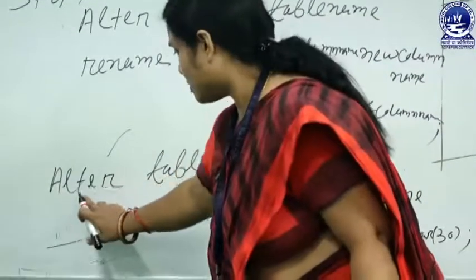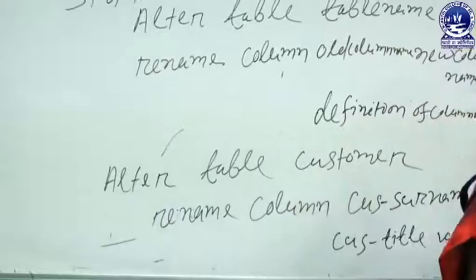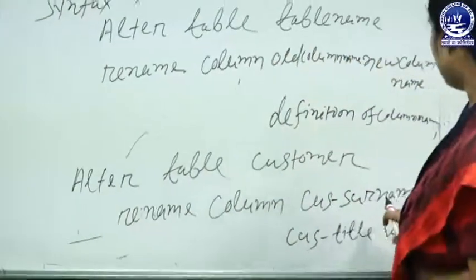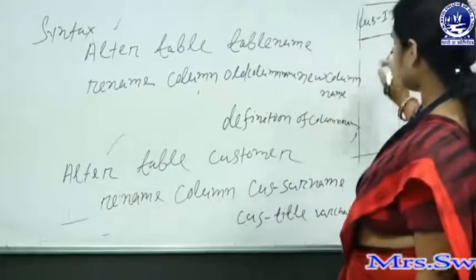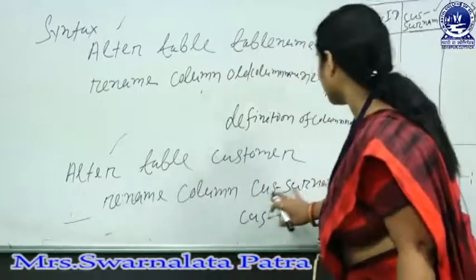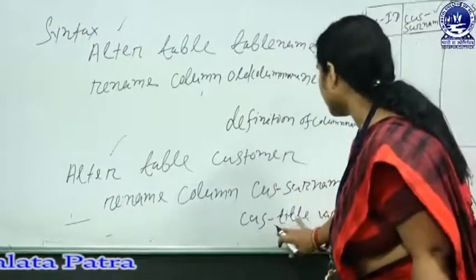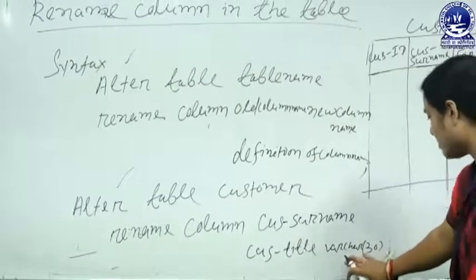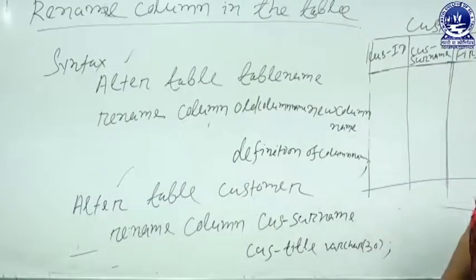Example: alter table customer, rename column customer surname to customer title, definition varchar 30, semicolon.